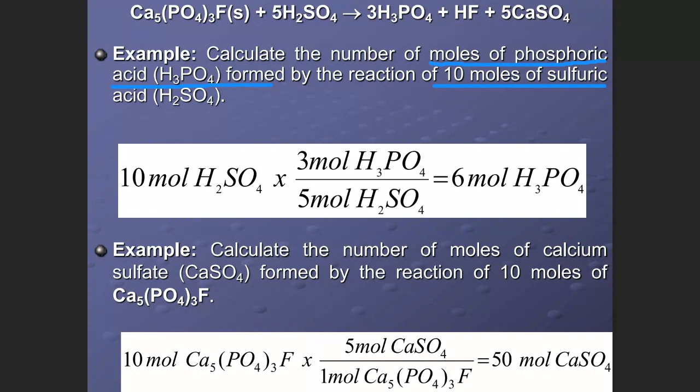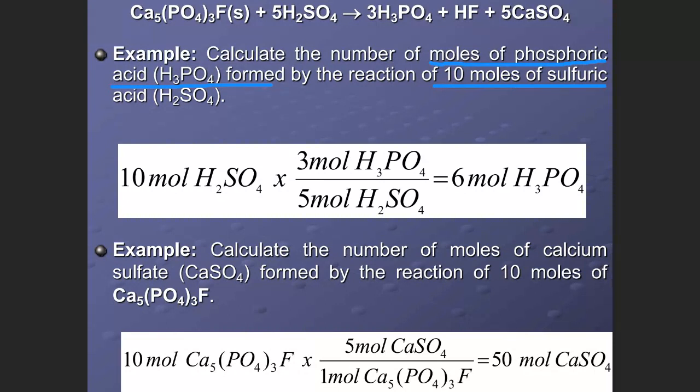We will write this chemical reaction, or we will provide you the balanced chemical reaction. So now you need to look into the ratio between phosphoric acid and sulfuric acid, correct? What is the ratio between the phosphoric acid and sulfuric acid? See, look here.